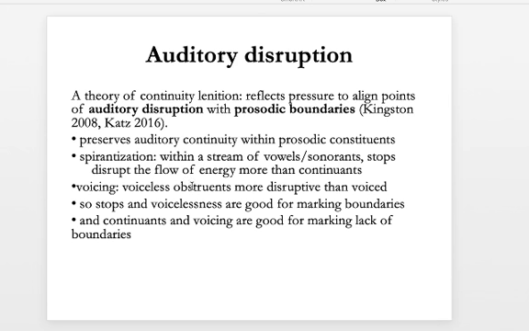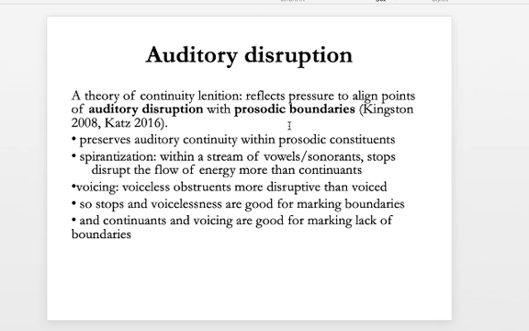So here is a theory of how continuity lenition works, or why it is the way it is. And this comes from the theoretical phonology literature. The idea is that this kind of continuity lenition emerges from very general properties of acoustics and speech perception.